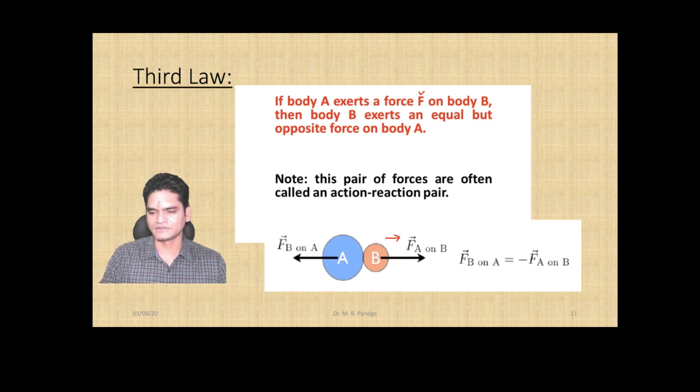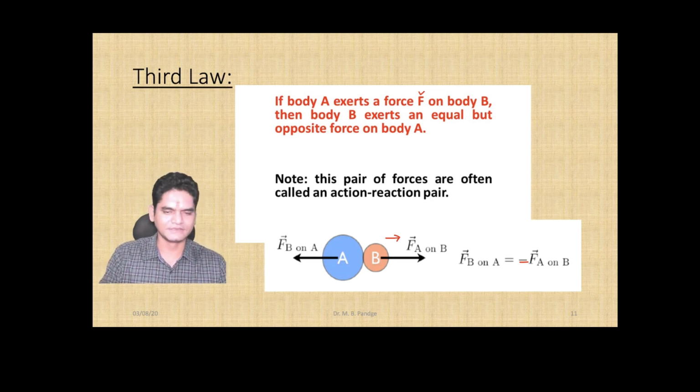It's a counter force, F_BA on A or F_AB on B. So F_AB means the force of A on B, and this is the force of B on A. Similarly, they will exert equal and opposite forces on each other.